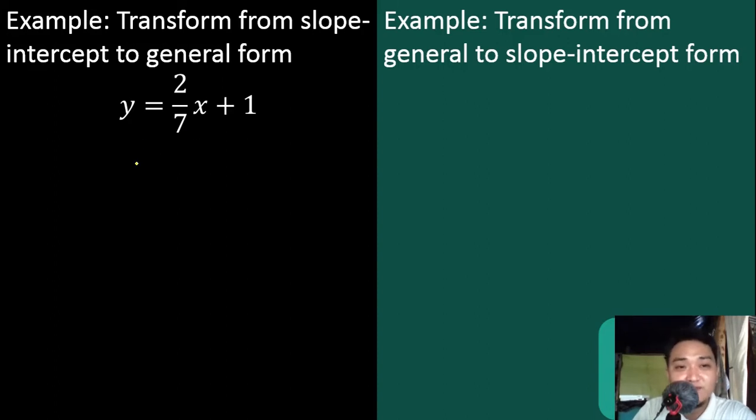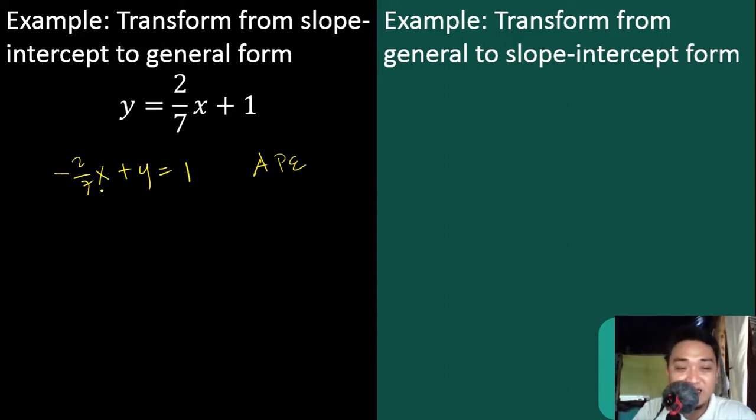That will become negative 2 over 7x plus y is equivalent to 1. And take note, anong property kaya yung ginamit natin? Ang ginamit nating property is addition property of equality. Ngayon, may mga fraction tayo, no? Due to this slope, may mga fraction tayo na value ni a.